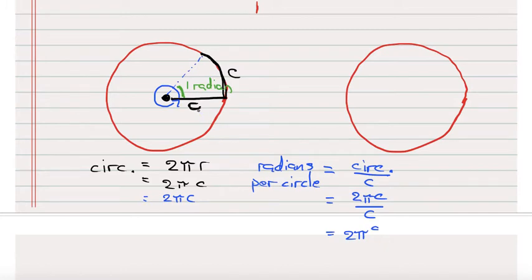So what we find is that we can normalize the angle inside the circle, or this angle that describes the rotation of the circle, in reference to the circumference of the circle. So we've effectively normalized the unit of measuring the angle in relation to the circumference of the outside of the circle.